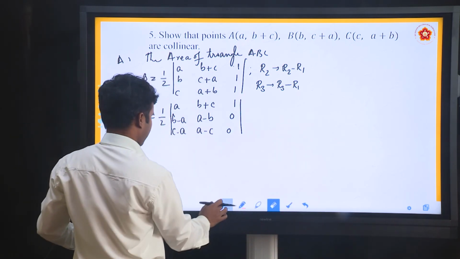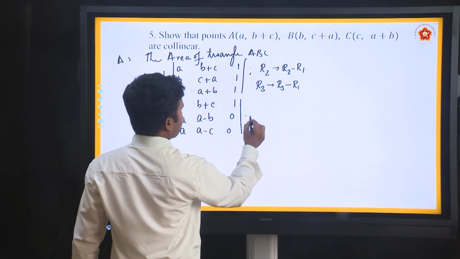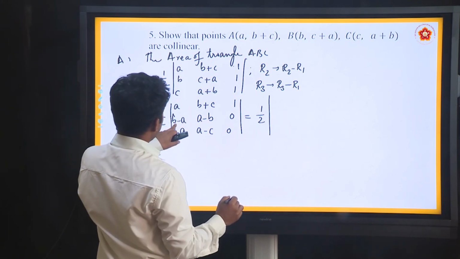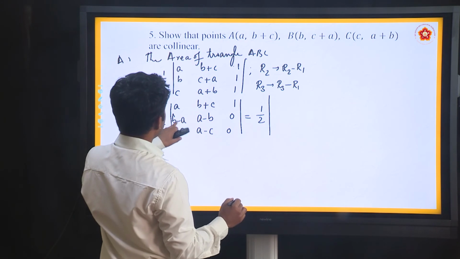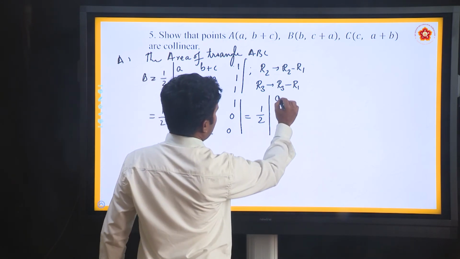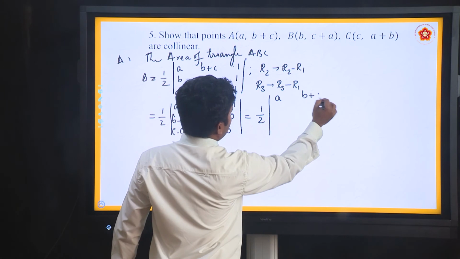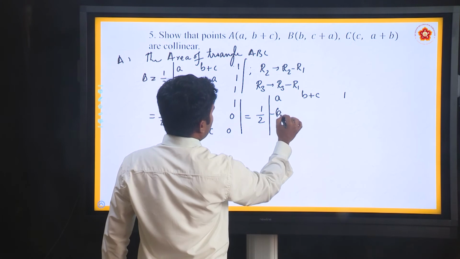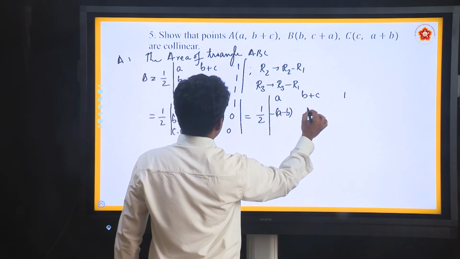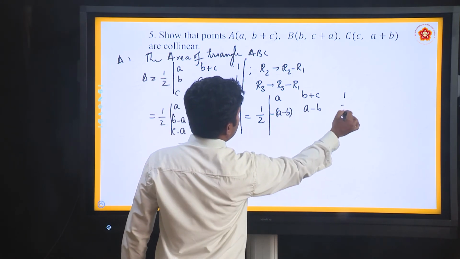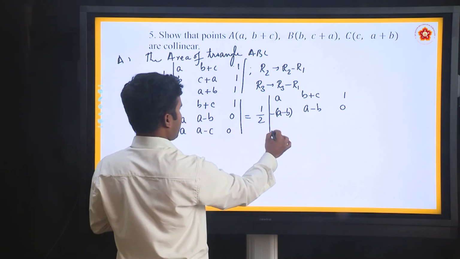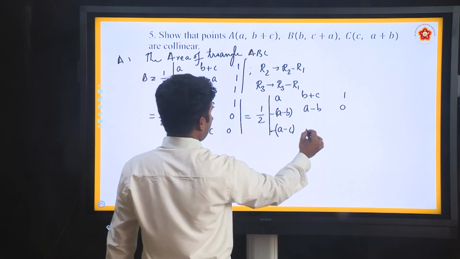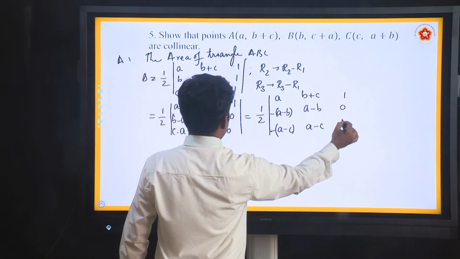Next, this can be written as half into, B minus A can be written as minus of A minus B. A, B plus C, 1, minus of A minus B, 0, and this also can be written as minus of A minus C. I am taking minus out from this term, and this is A minus C and this is 0.